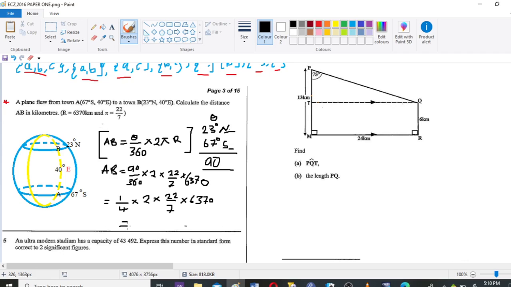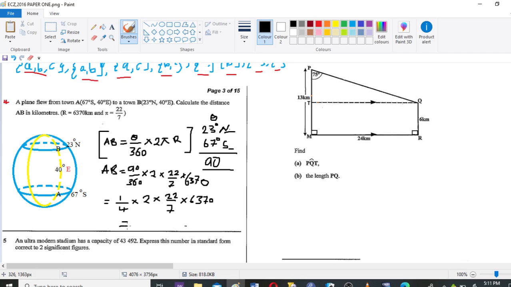Now, this is paper 1, and in paper 1 you don't use a calculator, so the best way to solve this one is to keep on reducing it. You can reduce by saying 2 into 4 there, so that you get 1, and the first part will be 1 over 2.